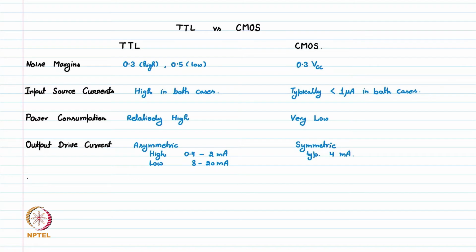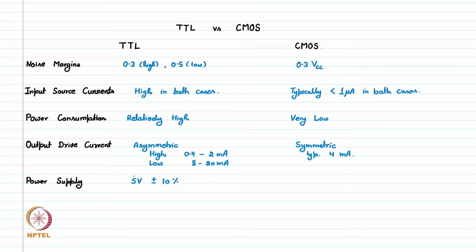Power supply. For a TTL logic, the power supply is typically 5 volt plus or minus 10% of it. There is always a variation in the power supply, so we have 5 volt and some variation, which is 10%, which is acceptable.